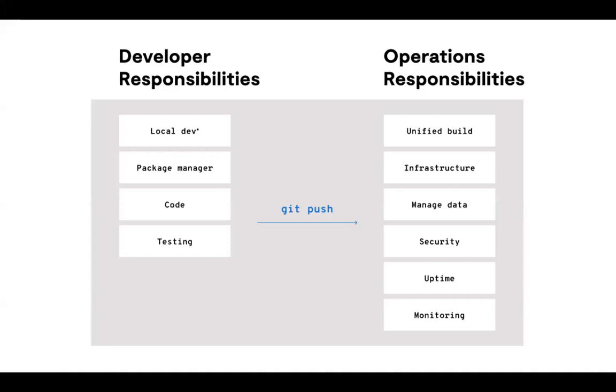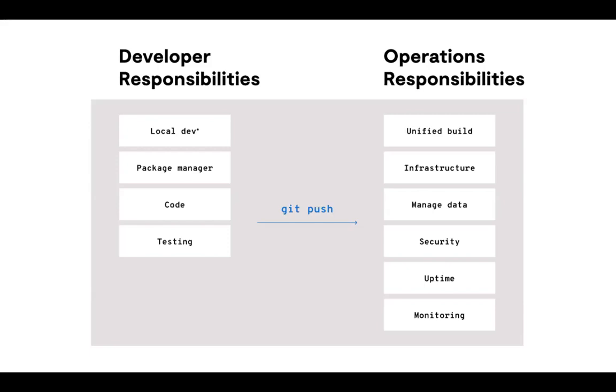And hopefully, at the end of this presentation, you'll see that these can be unified between stacks and languages as well as providing the infrastructure, maintaining the infrastructure, managing the data security, the data retention, data backups, providing security, network security, encryption, making sure that all of the software components are updated at the right time, all the time, providing the uptime guarantees and the monitoring for that, and reacting to situations when they arise. So these are the two different branches of responsibilities for developers versus operations.